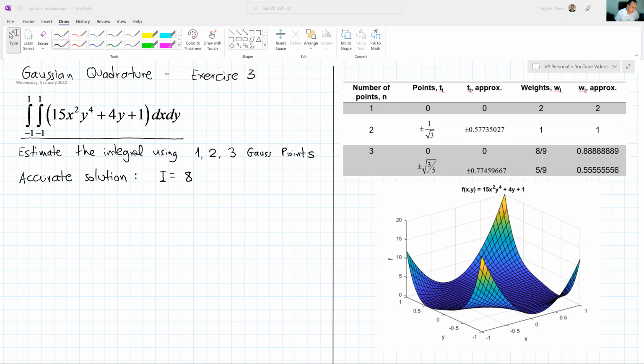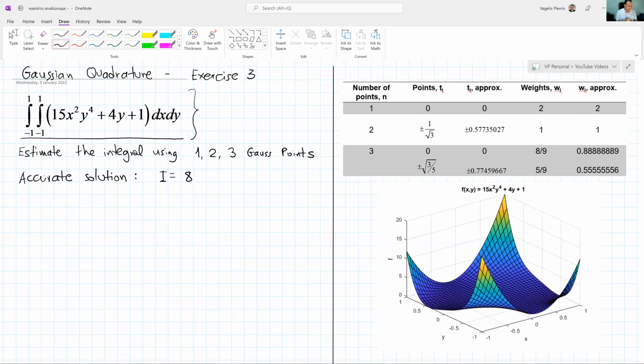This double integral, seen here in the picture, is defined in the interval -1 to 1 for x and -1 to 1 for the y variable. For this reason, no transformation is needed since both of our variables have the default values. We have the default intervals -1 to 1.